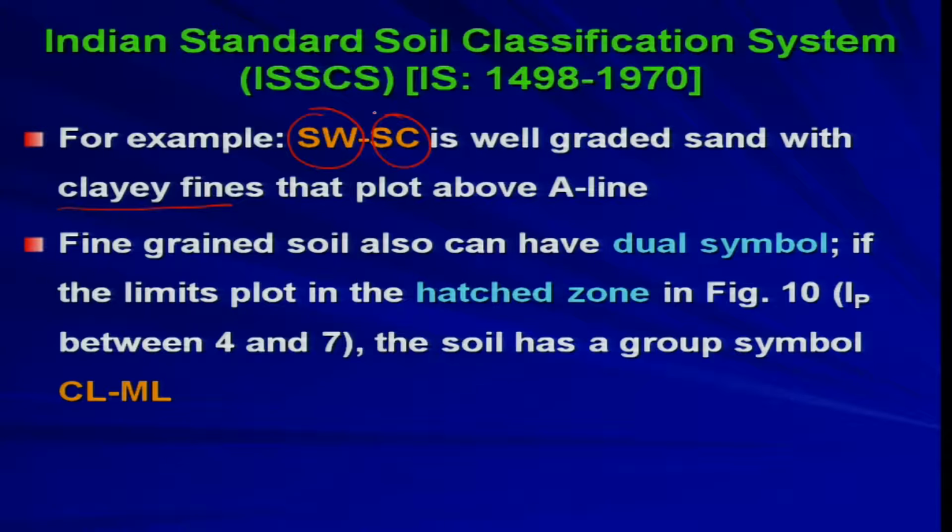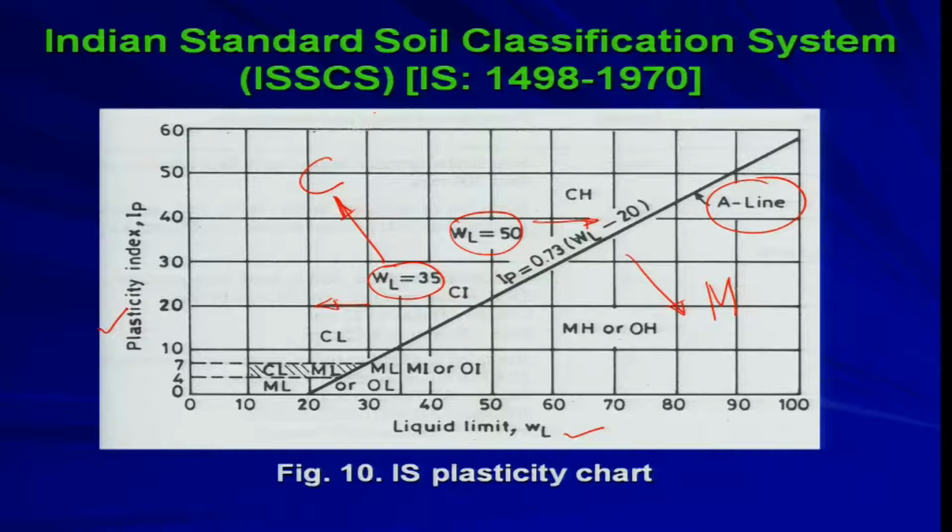Similarly, fine grain soil also can have a dual symbol if the limits plot in the hash zone in Figure 10, that is in the plasticity chart, where IP is between 4 and 7, the soil has a group symbol CL-ML, as I told you. So, let us go back to the plasticity chart. If the plasticity index is between 4 and 7, and your point is coming within this hash zone, then it will be classified as CL-ML, right.